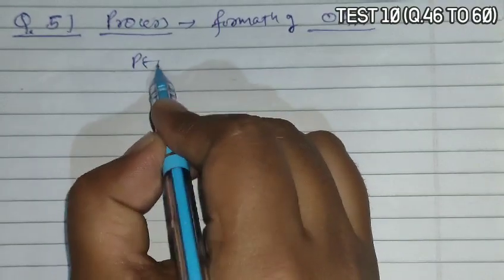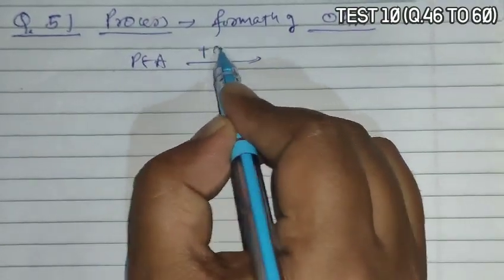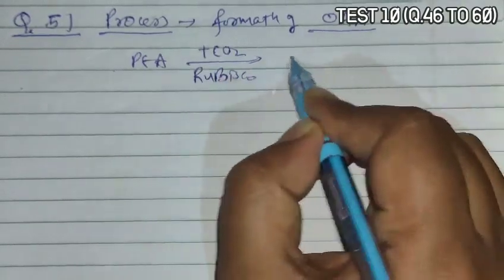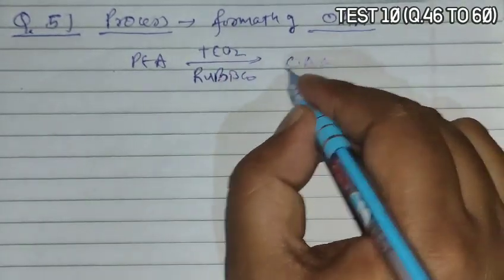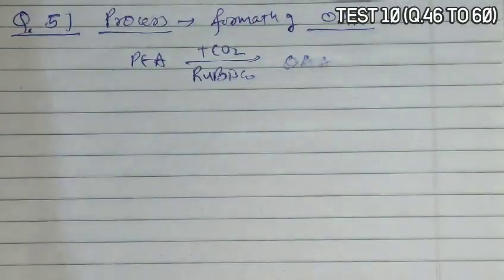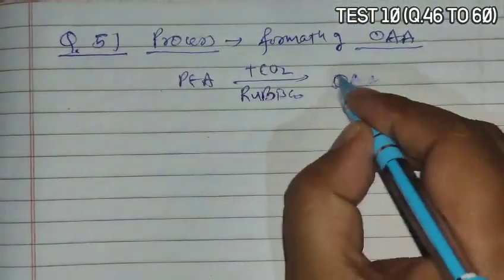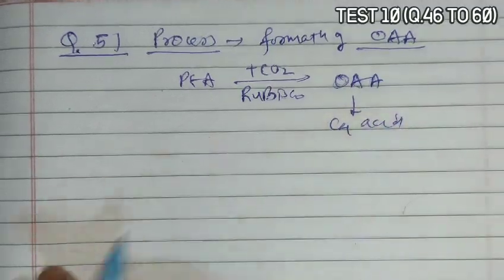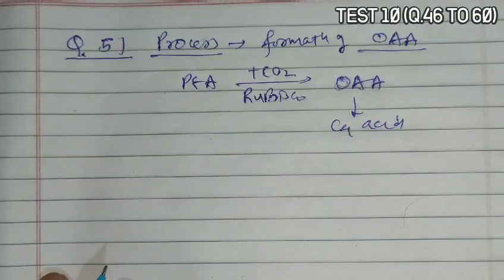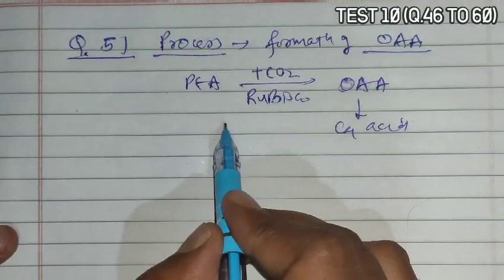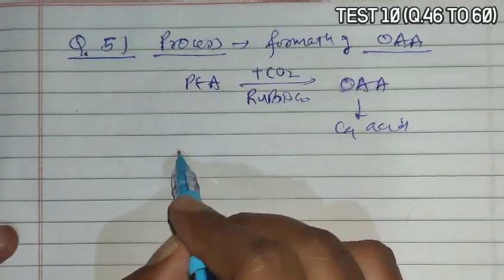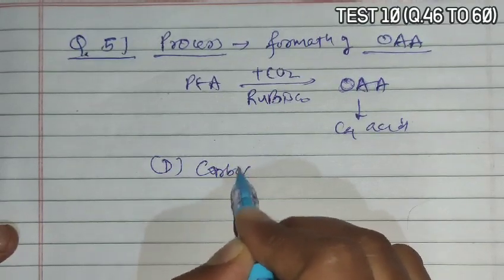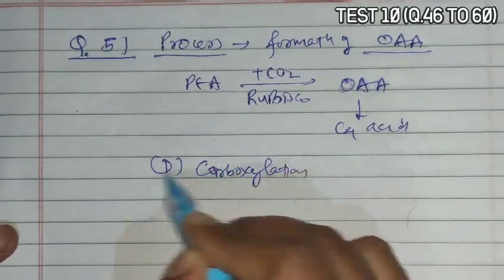So phosphoenol pyruvate, when it reacts with CO2 in the presence of PEP carboxylase, forms oxaloacetic acid, which is a C4 acid. So this is a carboxylation in the case of C4 plants. So D becomes the correct answer, that is carboxylation.